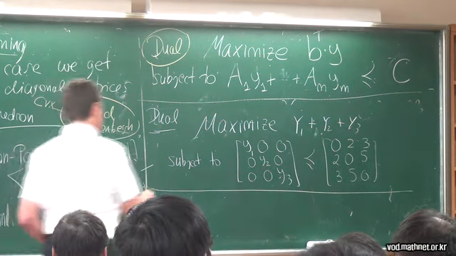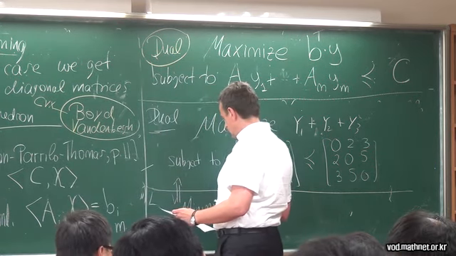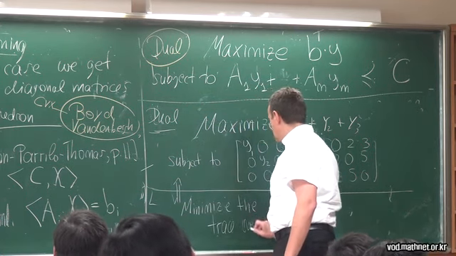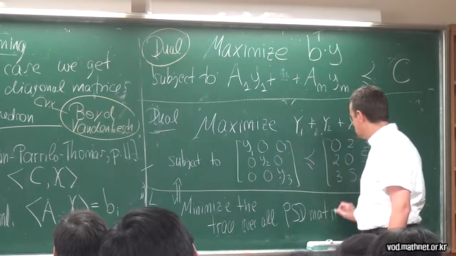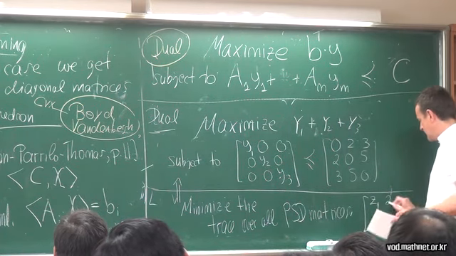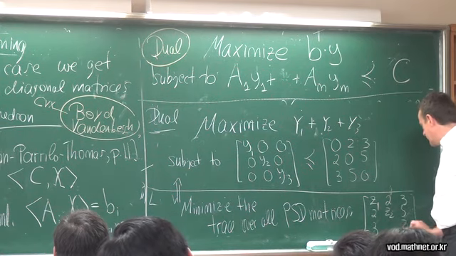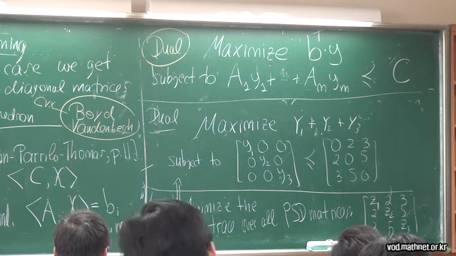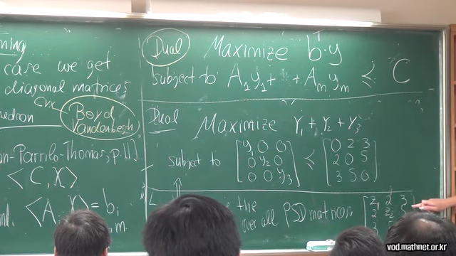Then this is equivalent to the following: minimize the trace over all PSD matrices with rows z1, 2, 3; 2, z2, 5; 3, 5, z3. So it's another way, it's equivalent. Take the difference, put the minus sign on every y, then you get this matrix.